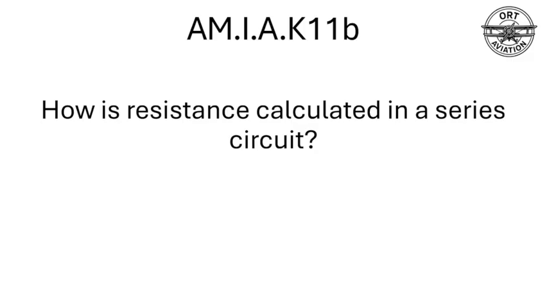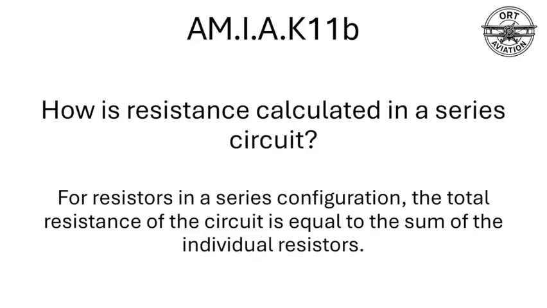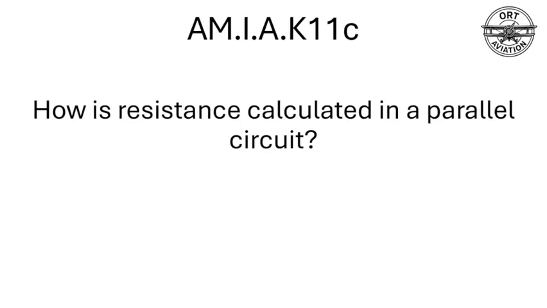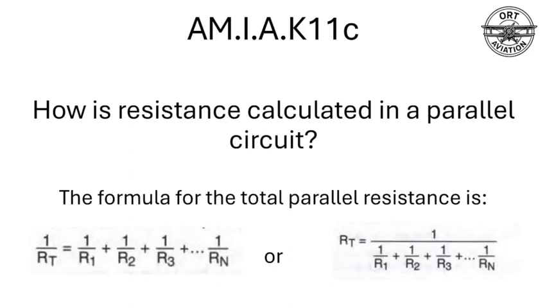How is resistance calculated in a series circuit? For resistors in a series configuration, the total resistance of the circuit is equal to the sum of the individual resistors. How is resistance calculated in a parallel circuit? The formula for the total parallel resistance can be seen in the YouTube video.